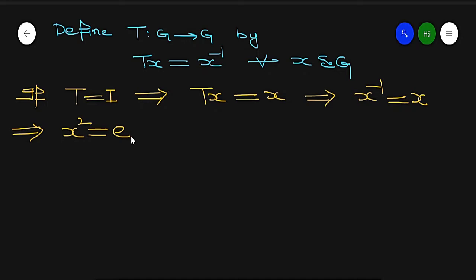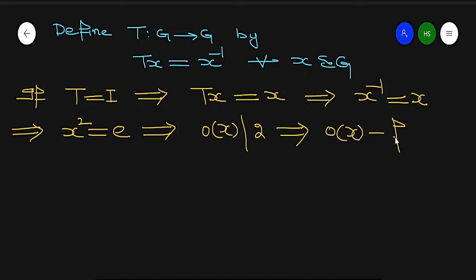So it implies the order of x divides 2. It implies the order of x is finite, but the order of G is infinite, so the order of x cannot be finite.